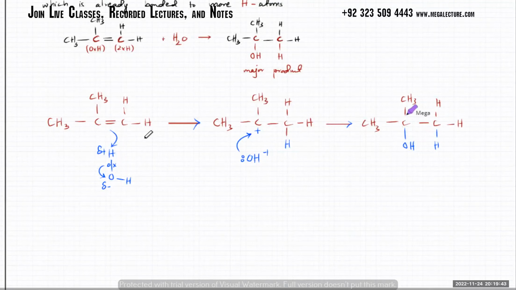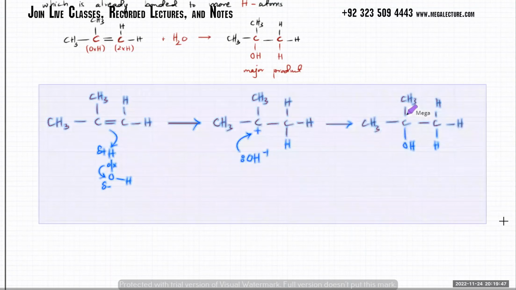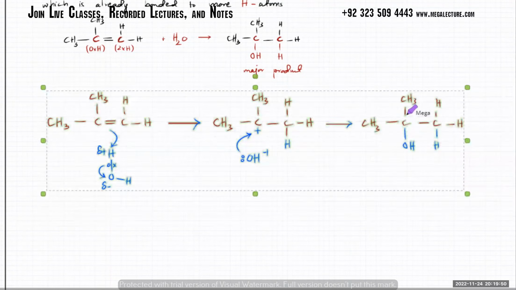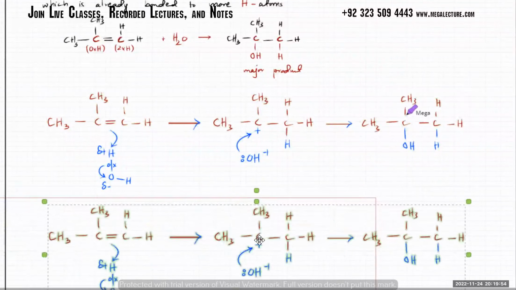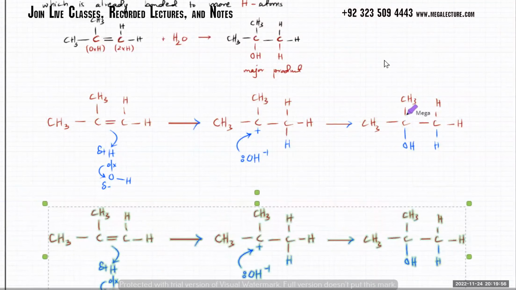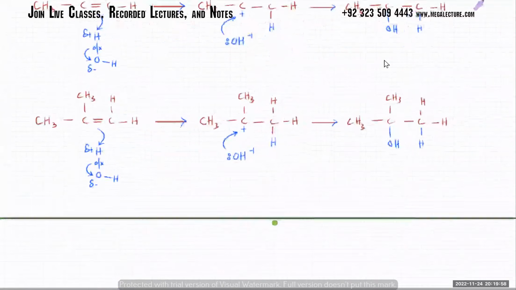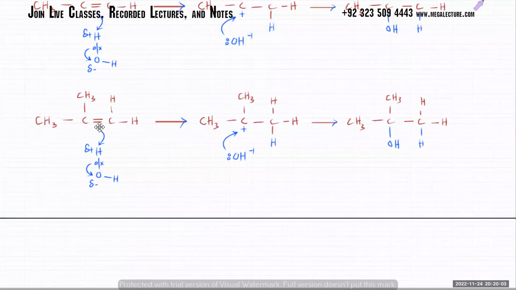Now there could have been another mechanism, where the H would have gotten bonded to the other carbon. It would be the same mechanism, except with one difference, and that difference would come at this point. The H is getting attracted to electrons right over here, but in the second mechanism, let's redo this step.